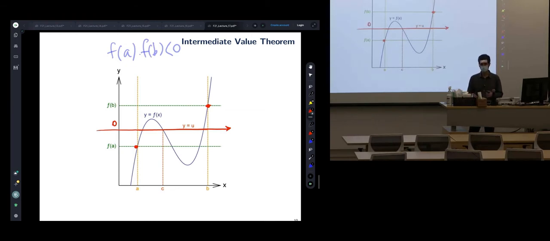Then it's obvious that there is at least one point. The theorem doesn't tell us how many times it will cross, because you can have, just like this picture here, 1, 2, and 3, because we are only aware of these two endpoints. So the theorem says that there is at least a c that's going to be the root of the function. So graphically, you can just prove it like this for yourself, and again, that's good enough for us.